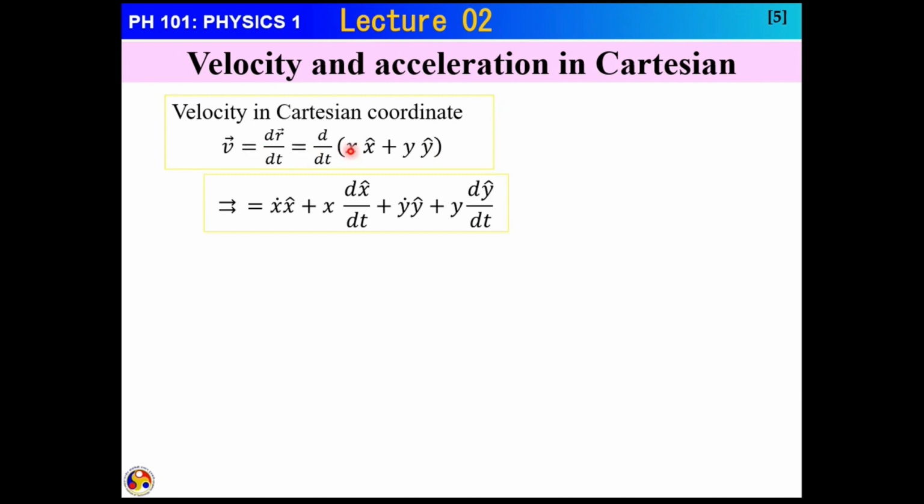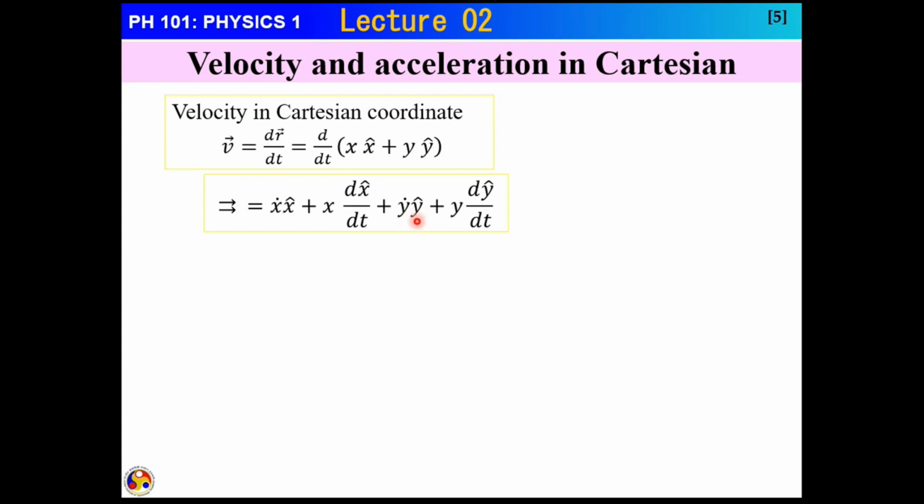So what is this? We can do the differentiation here. It has two terms, so if we do the differentiation by parts, first the differentiation of the first function into the second function plus the first function into the differentiation of the second function, plus the same for y y cap.